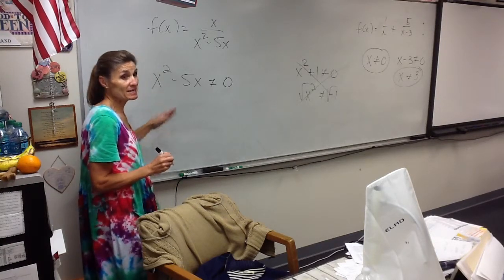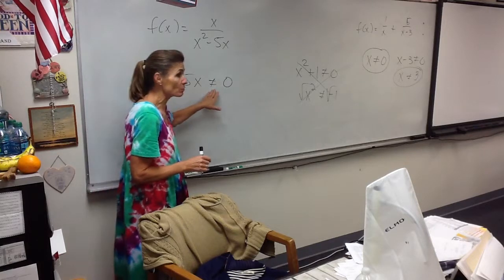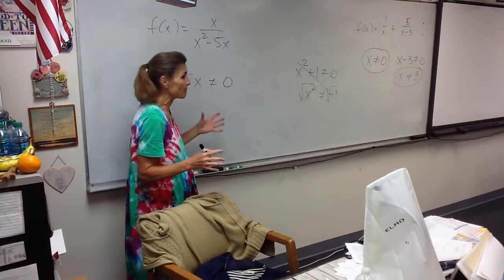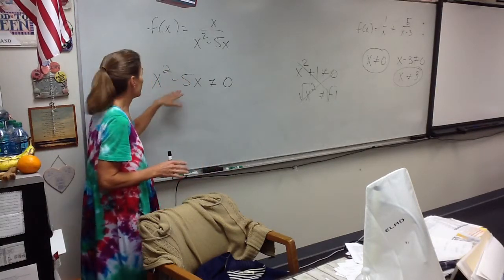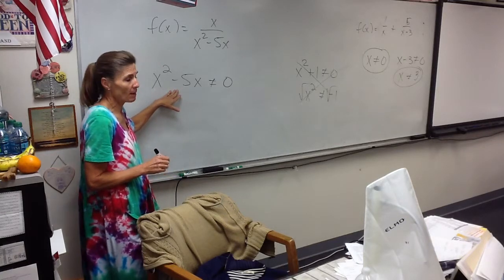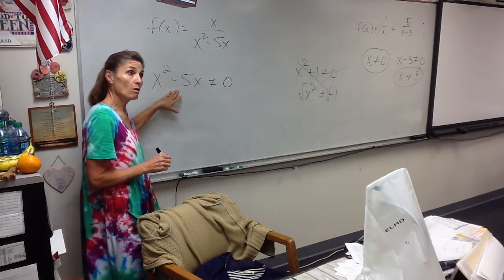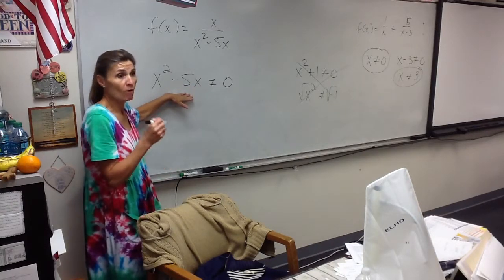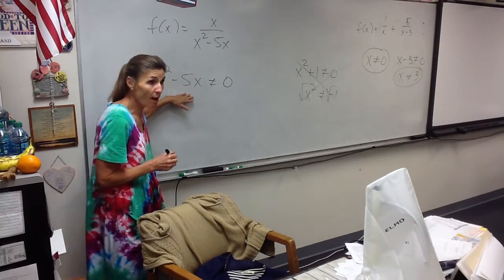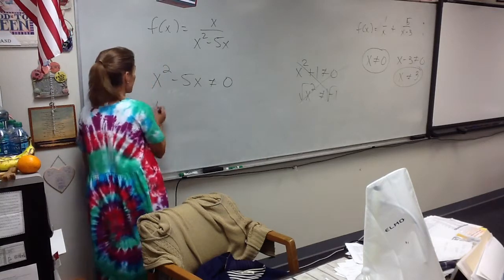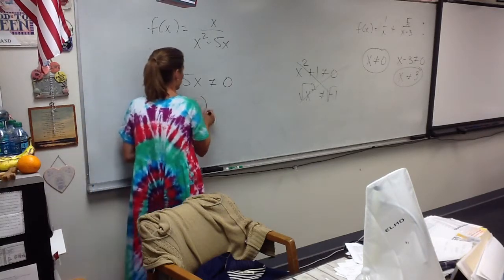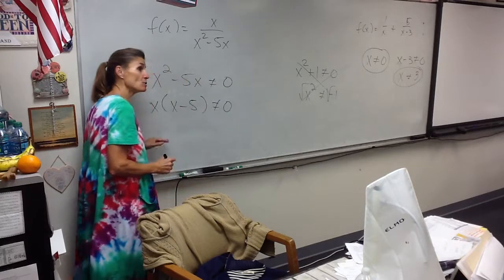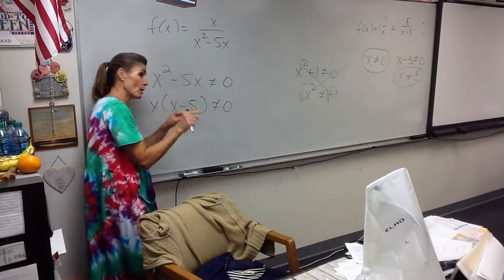Yep. I need to basically solve this. I know it's a not equal to instead of an equal to, but it's the same idea. I need to solve this, but it's got a squared in it. Maya? Oh, so Maya says, Mrs. Ford, I need to factor, or I need to solve this problem. Factoring is an option, right? So I'll just take out an x. Now, Jack, we're back to where you were with the question you asked about.